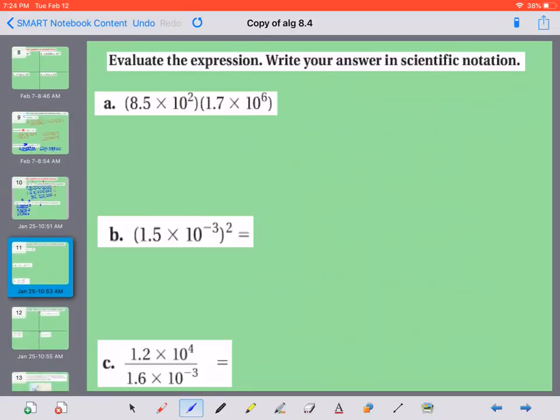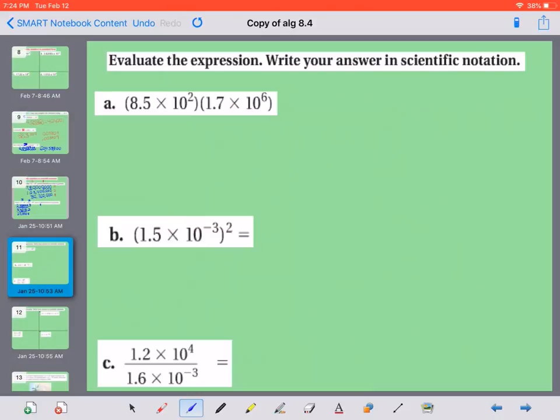Alright, now these problems are a little bit bigger. It's just multiplication. So what we're going to do is I just want you to put this into your calculator. So I'm going to put the first one in, 8.5 times 10 to the second times 1.7 times 10 to the 6th power.